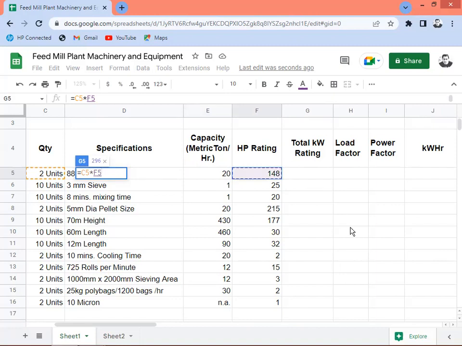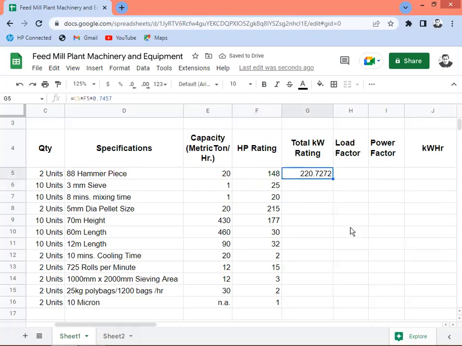Then multiply by, we're going to convert it to kilowatt rating. So one horsepower, you can multiply by 0.7457 to convert it to kilowatt rating. Not kilowatt hour but kilowatt rating. Let's see what happens.